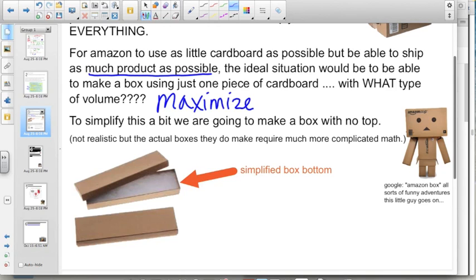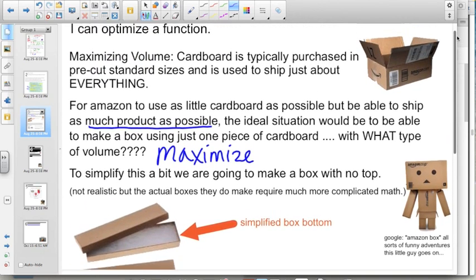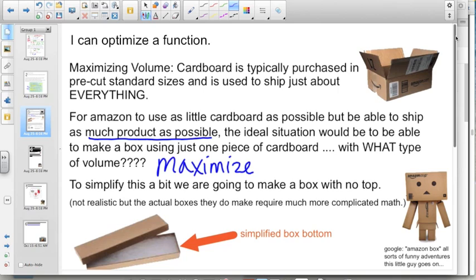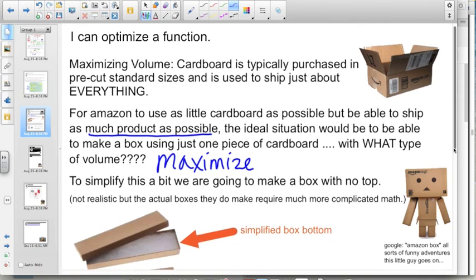So we're going to simplify this just a little bit. If we look at these Amazon boxes here, have you ever taken apart a box and unfolded it flat? Okay. Does it pretty much make a rectangle? It does. But that box has several cuts in it and several folds in it, and that's a little more complicated than we're ready to deal with mathematically.